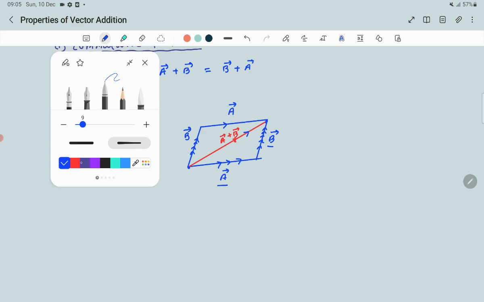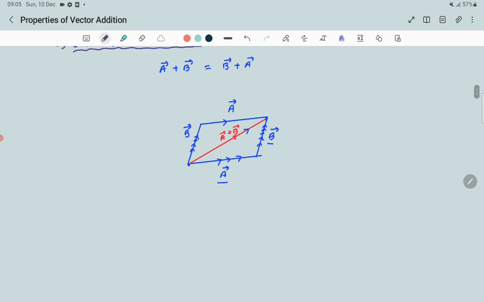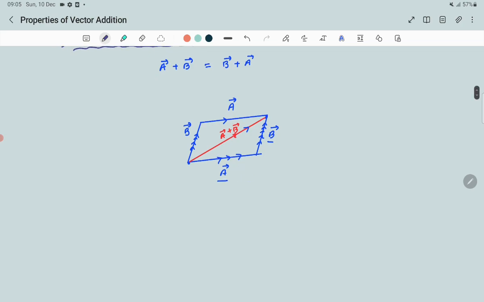Now let us take a different look. First we added a and b in this direction and we got this, so we can write a plus b. But if you look at it in a different way, in this direction first b then a, again by using the triangle law, this side will represent b plus a.